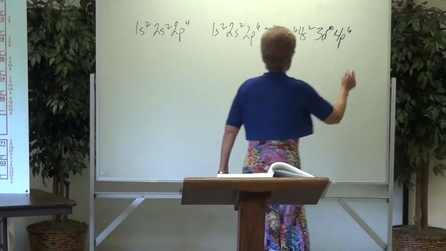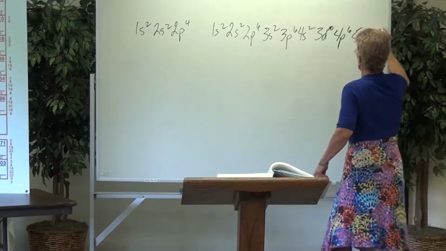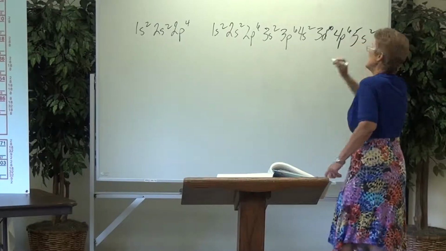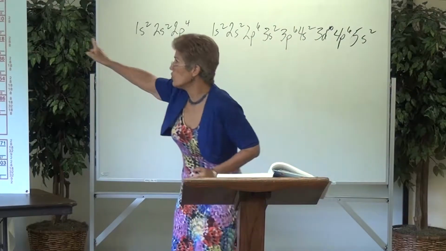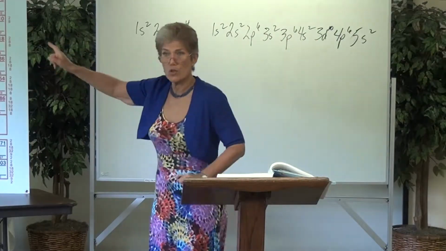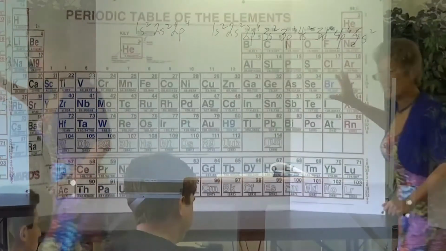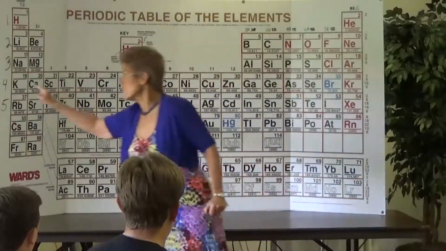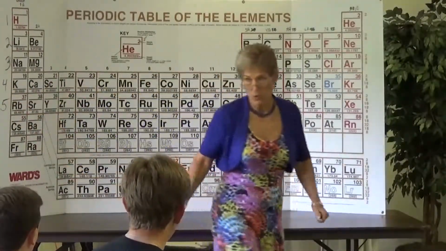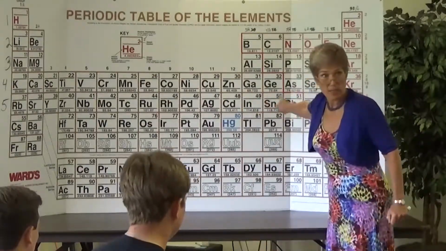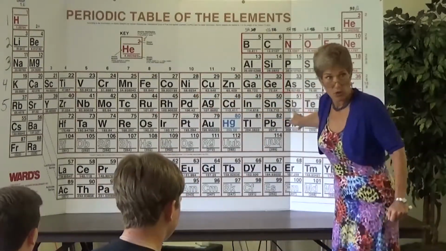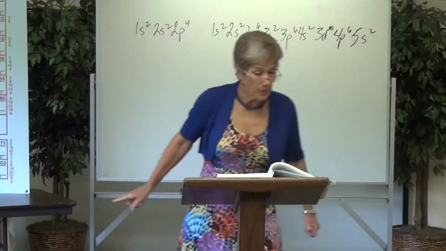So you add your 5s1, and you're done. There's rubidium. You just go across the chart and read it. When you get to the d orbitals, you subtract 1 from whatever the energy level is. But when you get back over here to p, you go back up to what that energy level was over there. Is everybody okay on that?